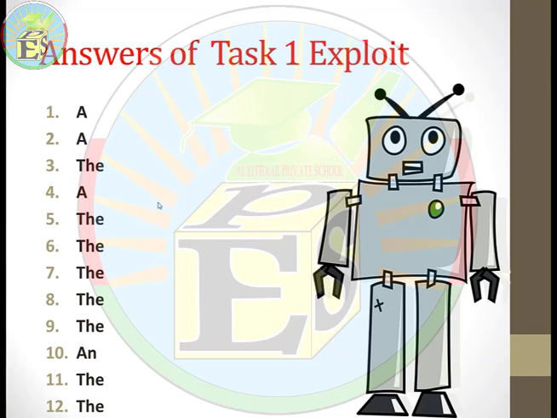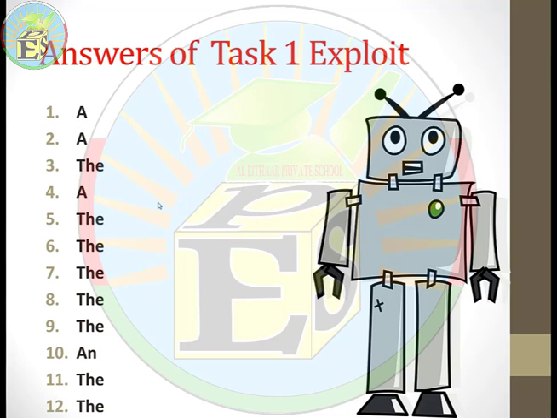Number 9 is the newspaper wrote. Number 10 is an article. The word article starts with an A, so it's a vowel. That's why the article is an. Number 11 is the pizza parlor. And the last one, number 12, is the pizza parlor is very careful when it takes orders.